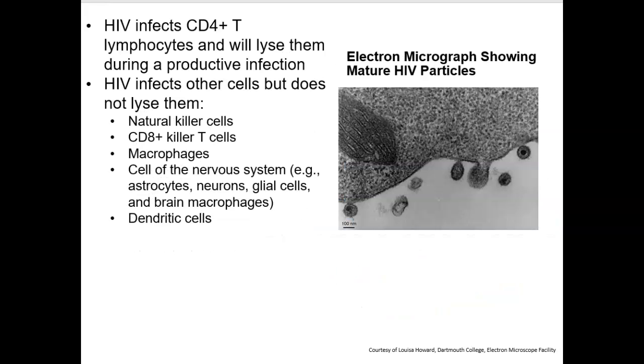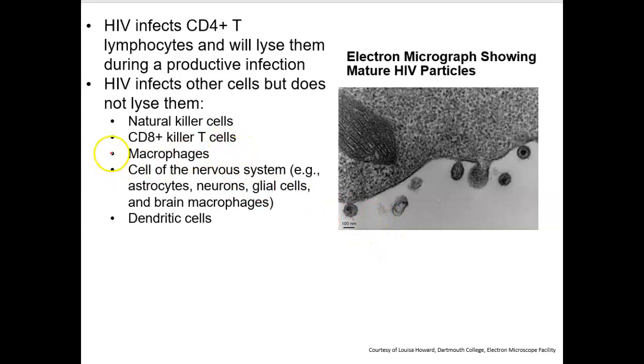Now, HIV is known for replicating in our CD4 helper T cells and destroying our immune system. But HIV can infect other types of cells as well. Here's an electron micrograph showing HIV budding off of an infected cell. Here are the scale bars, so you can see each one of these particles is a little bit bigger than 100 nanometers across. We'll say 120 nanometers across.